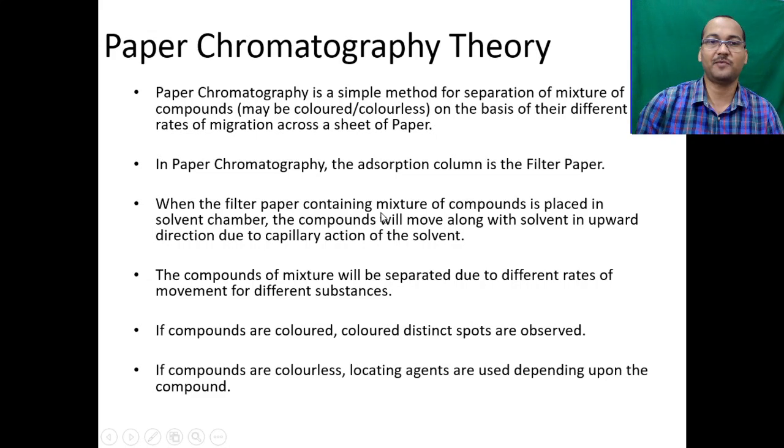When the filter paper containing a mixture of compounds is placed in a solvent chamber, the compounds will move along with the solvent in an upward direction due to capillary action of the solvent. The compounds of the mixture will be separated due to different rates of movement of different substances. If compounds are colored, distinct spots are observed. If compounds are colorless, locating reagents are used depending upon the compound.